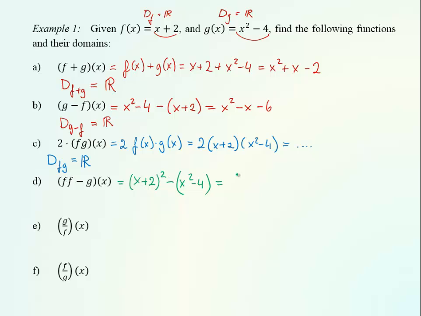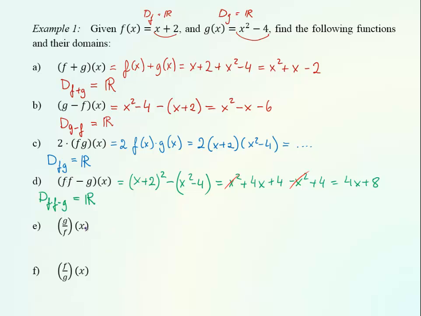So the first one, when you unfold, remember perfect square formula calls for 3 terms, so it's x squared plus double the product, 4x, plus 4, minus x squared plus 4. That gives us x squared will cancel, and we end up with 4x plus 8. Still, the domain of the new function, composed by f times f minus g, is as before all real numbers, no change.